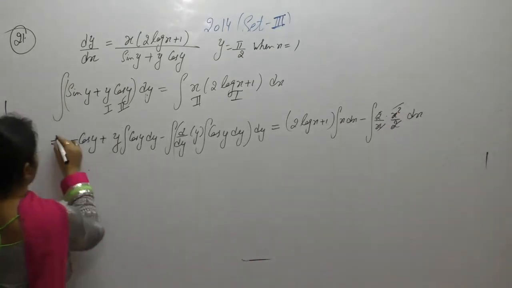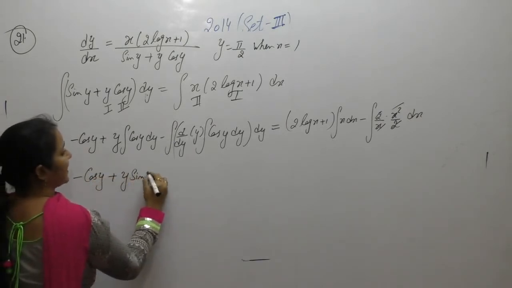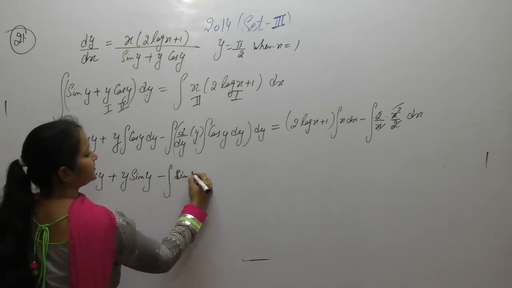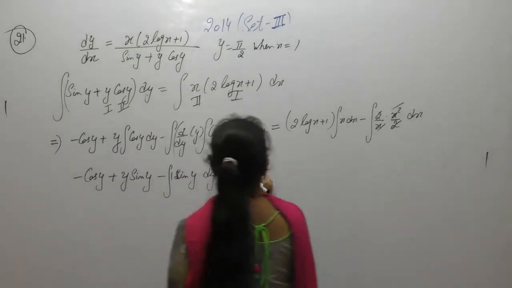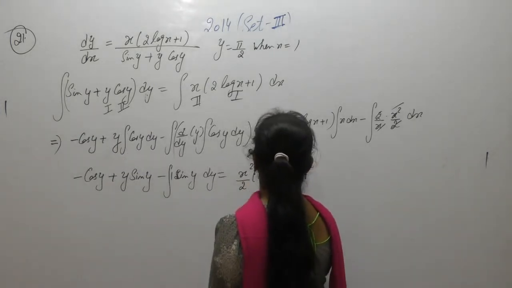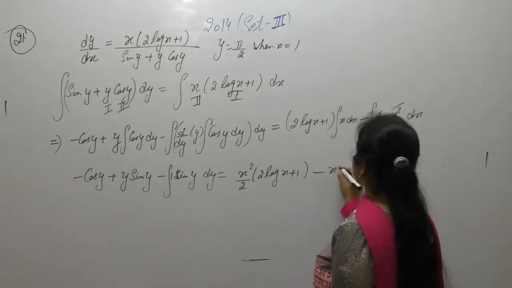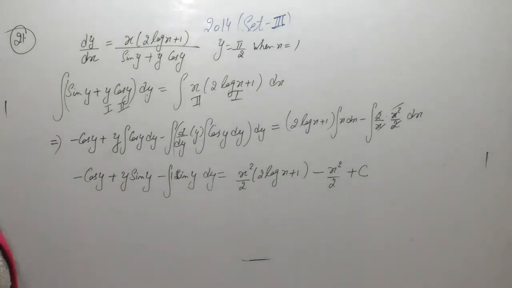So minus cos of y, integral of cos is sine. Derivative of y is 1, integral of x is x square by 2, plus constant of integration c.